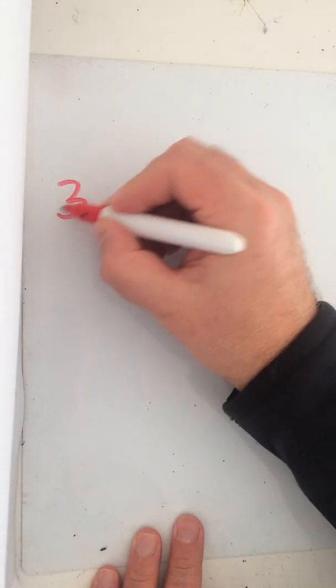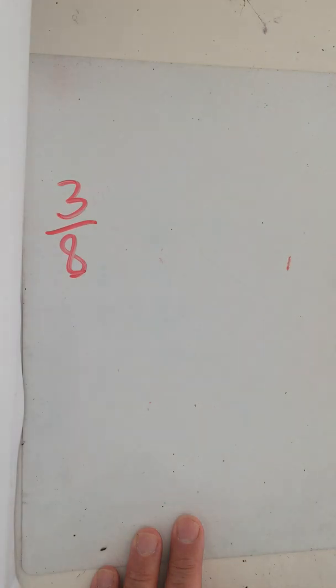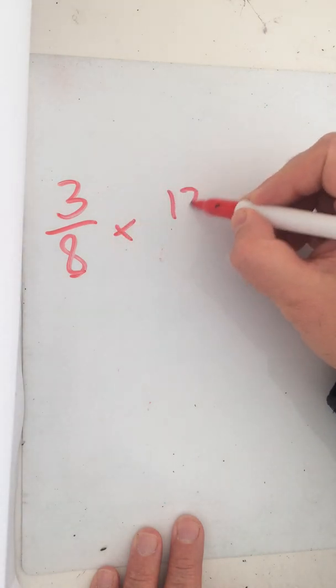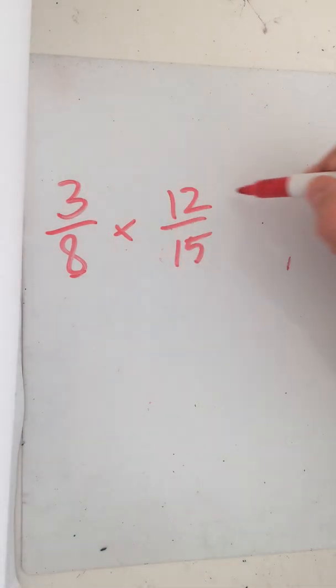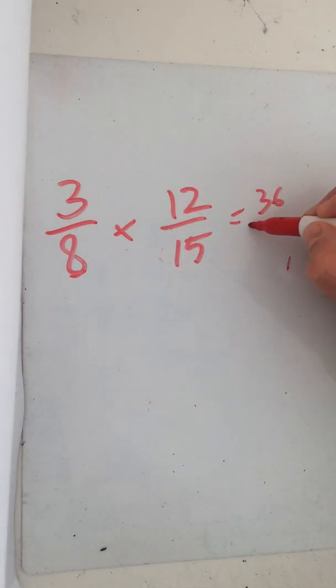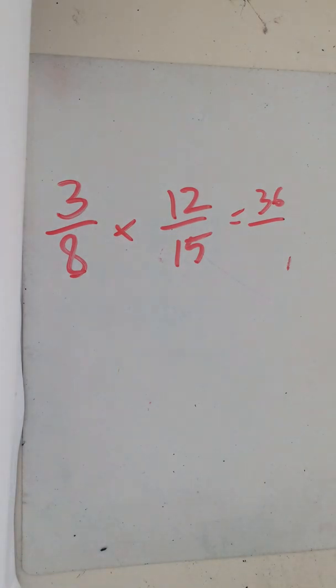Okay, let me show you another one. Okay, 3/8 times 12/15. So again, I can either go along here if I wanted to, so that would be 36. 8 times 15.